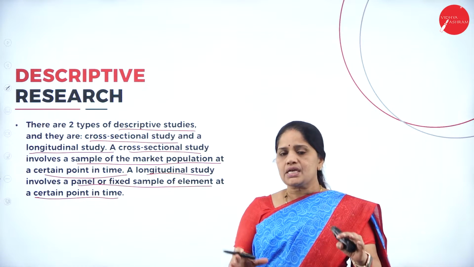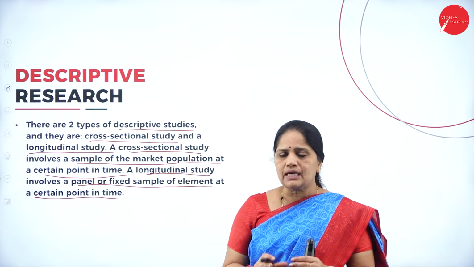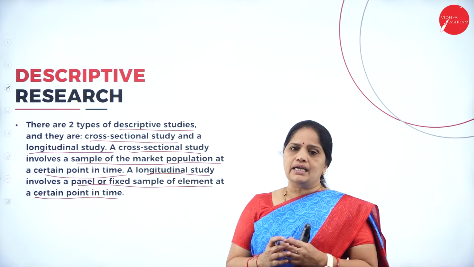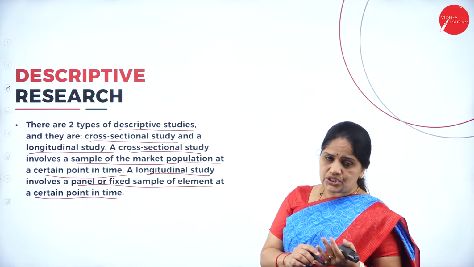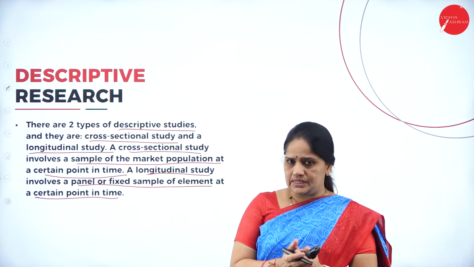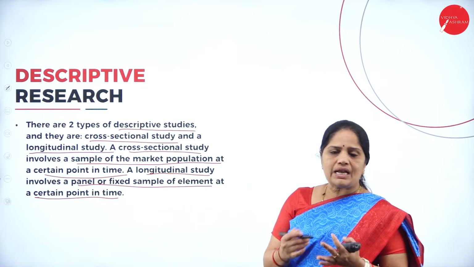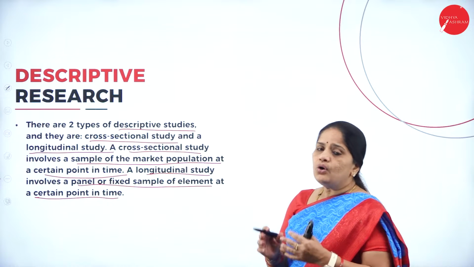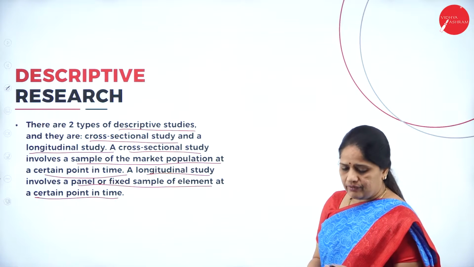Usually they will be fixed and they will be the authority on that particular topic. So they represent the entire target group. Whereas in a cross-sectional research, you just have a random selection of the sample, in case of a longitudinal research, you will have a fixed panel who will be there to give you the information.